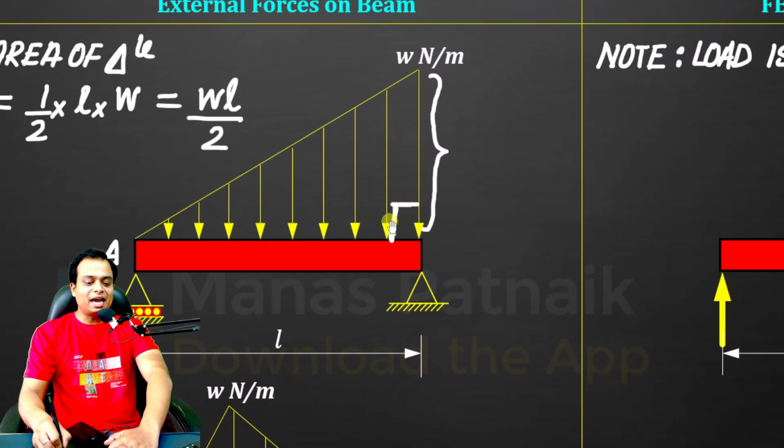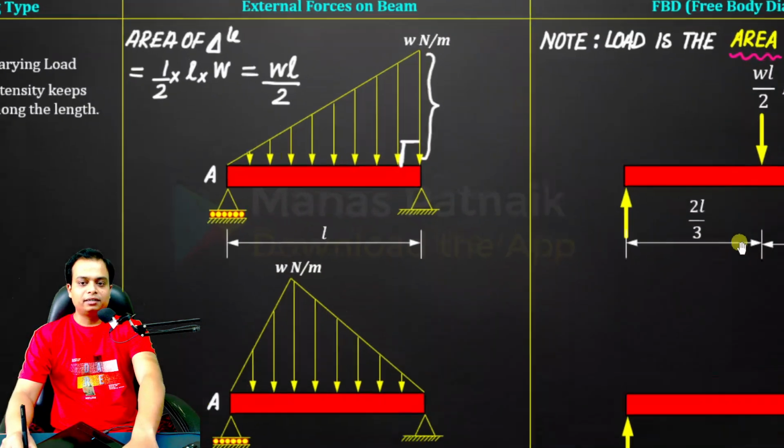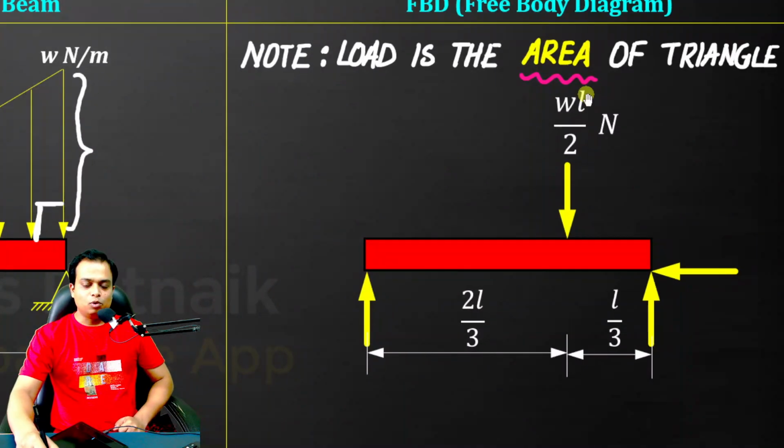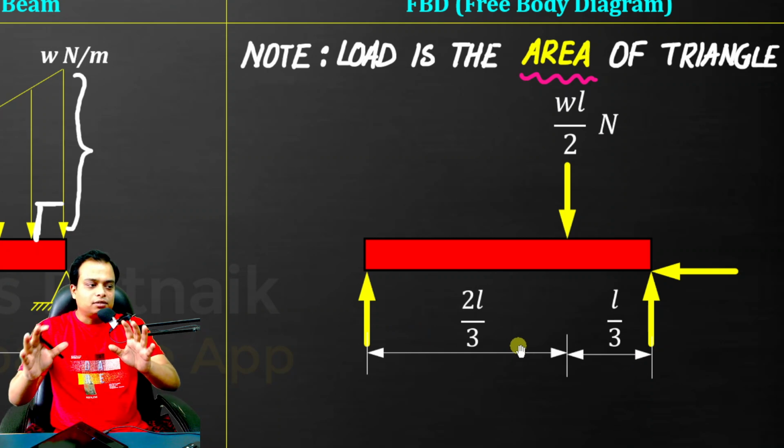This point load WL by 2, that is the area of the triangle, is going to act at L by 3. Remember this. This 2L by 3 can be worked out: L minus L by 3 will simply give you 2L by 3. It's very simple, very basic.